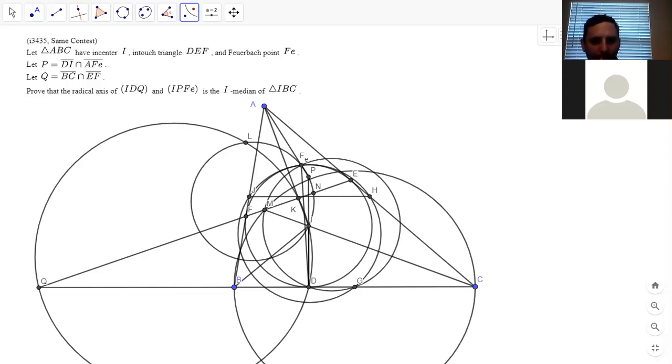And also I see that because of the Iran lemma, the Feuerbach point inverts to a point on line EF. Okay, from the Iran lemma? Yeah. Probably the same reasoning would apply to why the EF line inverts to the 9-point circle, because of the Iran lemma. Okay.